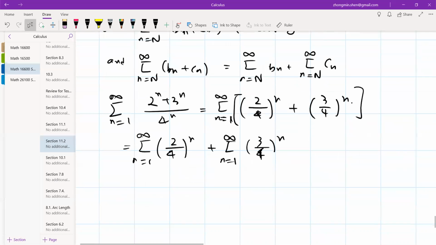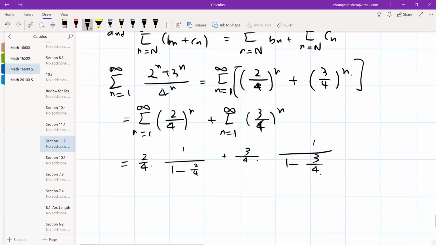It's 2 over 4 is less than 1, 3 over 4 is less than 1. And since it started from 1, our answer will be, if you take this out, 1 over 1 minus 1 over 4. And you can simplify to 1 half, okay? Here, 3 over 4 over 1 minus 3 over 4. So you can simplify it.